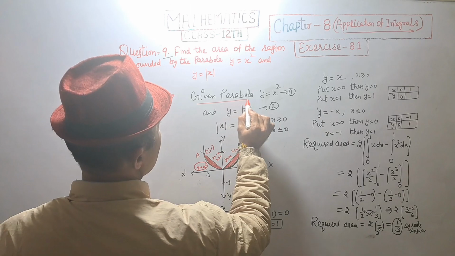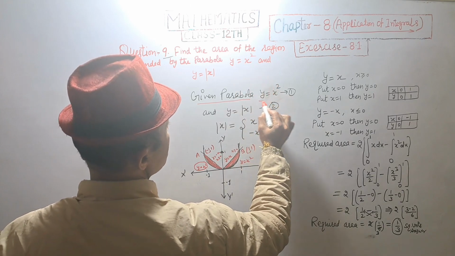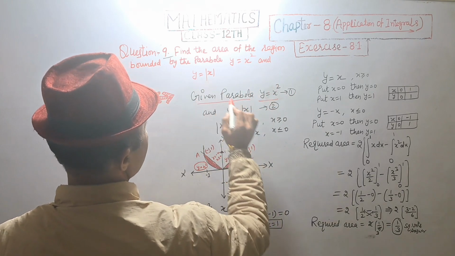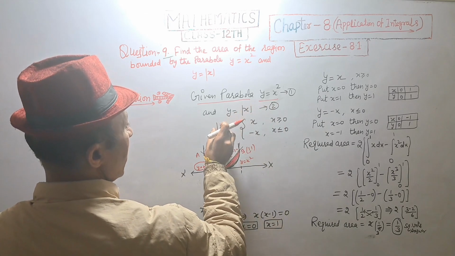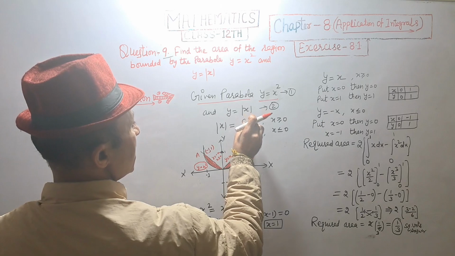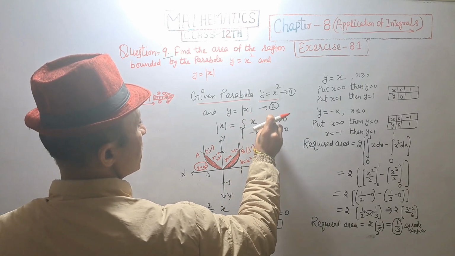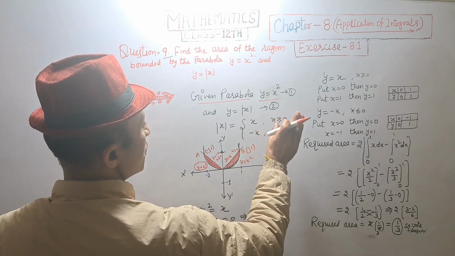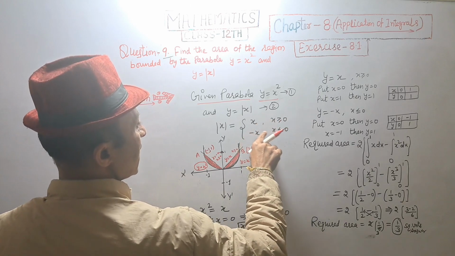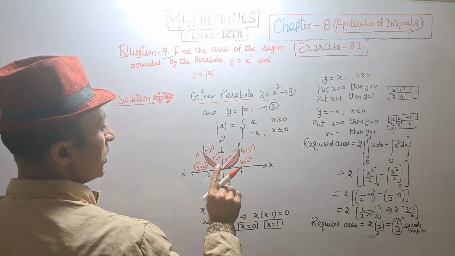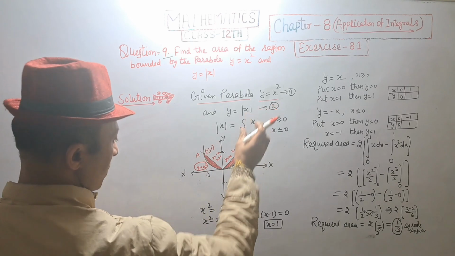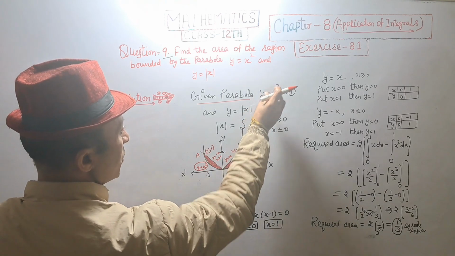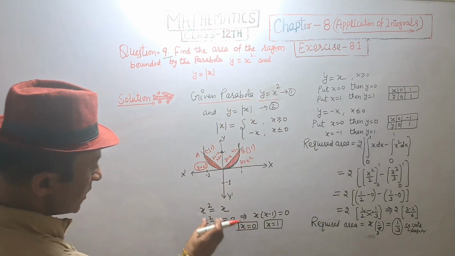Given parabola y is equal to x square, its equation first, and y equal to mod x is the second equation. Modulus of x can be written as x when x is greater than or equal to 0, and negative x when x is less than or equal to 0. And we draw a parabola, and we are finding the points of y equal to x square and y is equal to x.